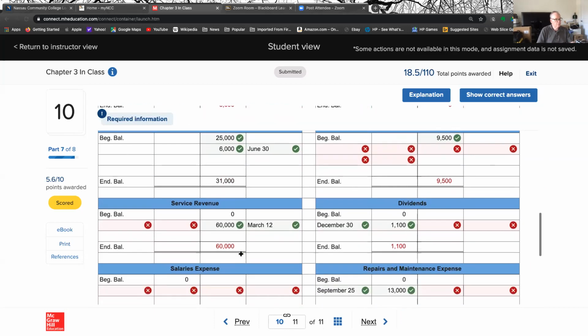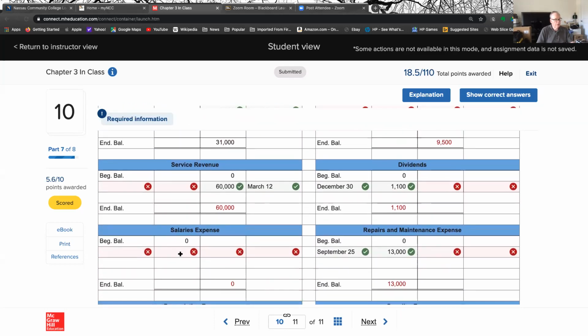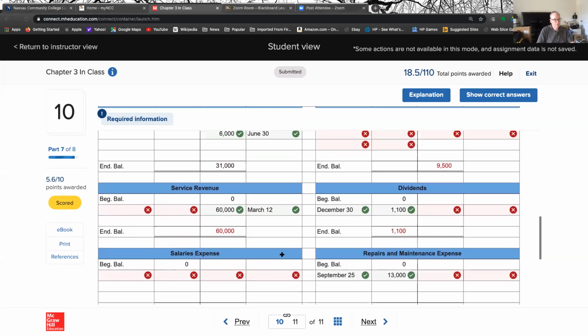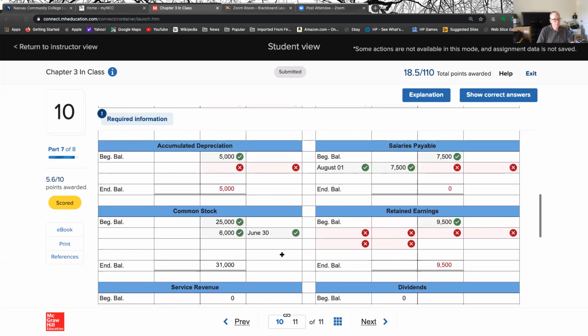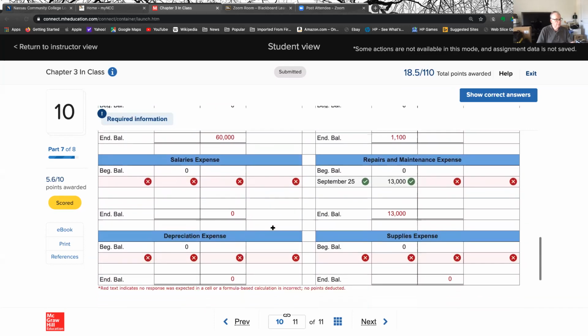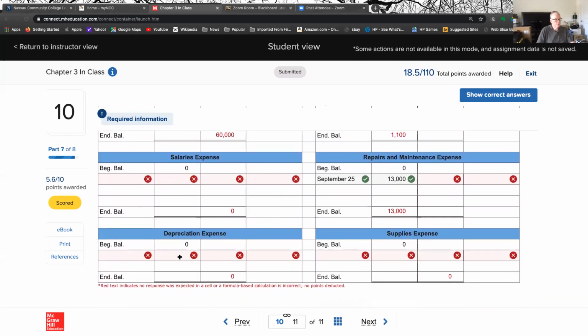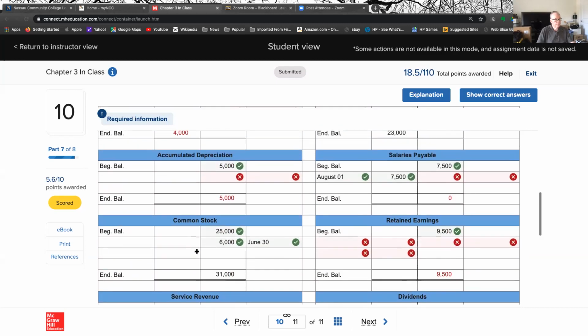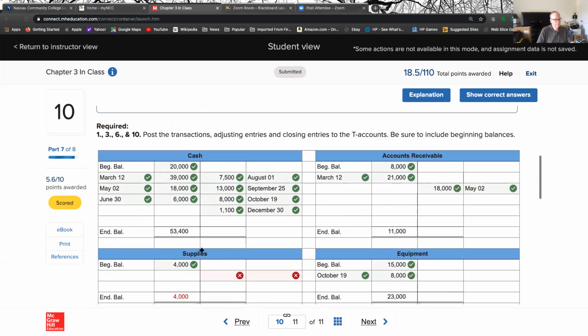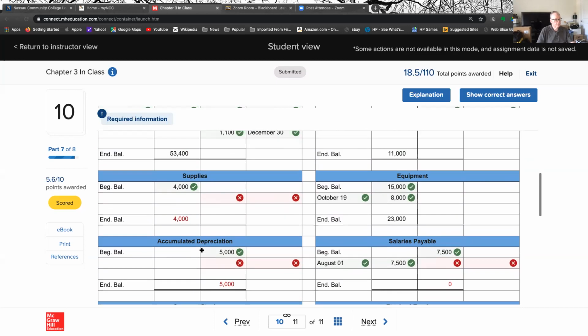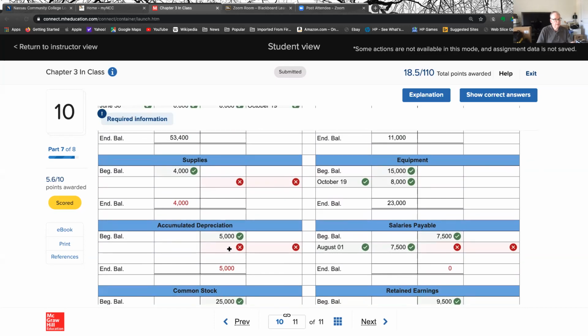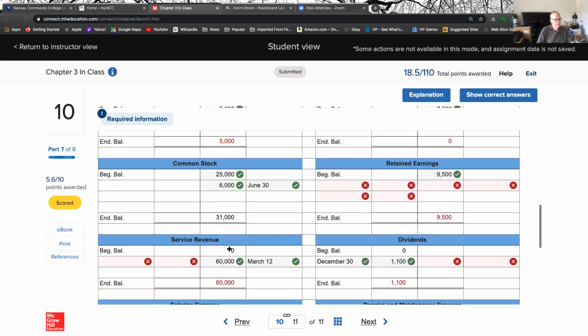Debit salaries expense, you should see a red mark in salaries expense. Credit salaries payable, there should be a red mark in there. See it? Debit depreciation expense. Credit accumulated depreciation. See the red? Debit supplies expense.